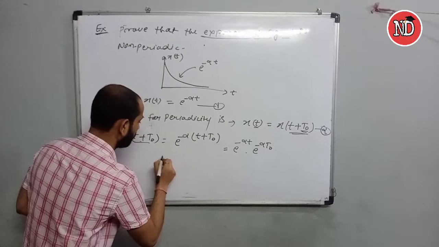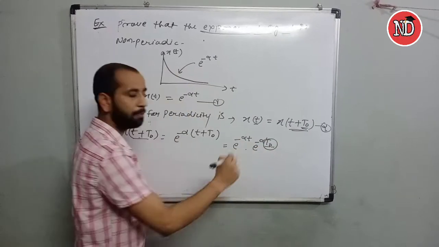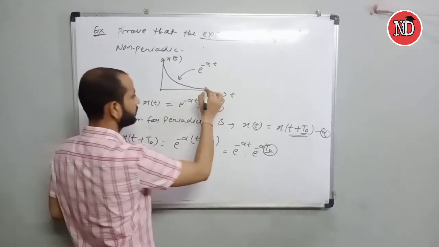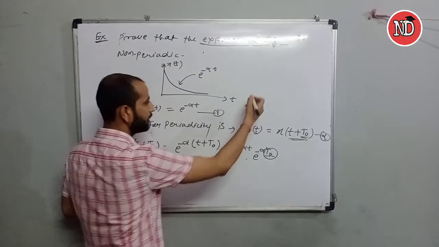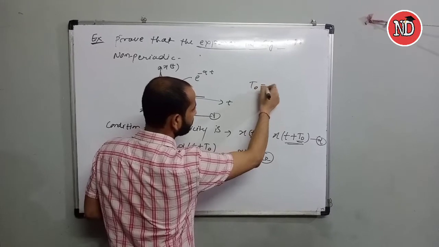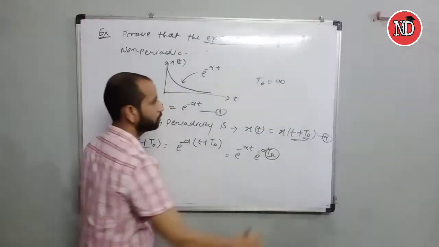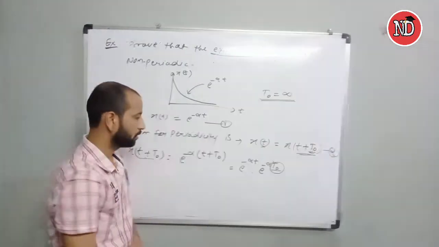So we know that this is the period of repetition. Exponential signal does not repeat itself after the period T0. So here we can have T0 is equals to infinite. So we can consider this time period as infinite.